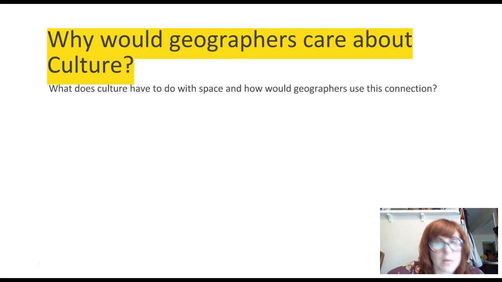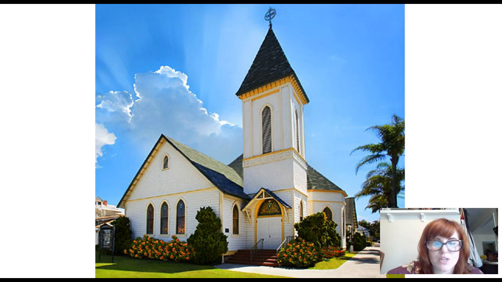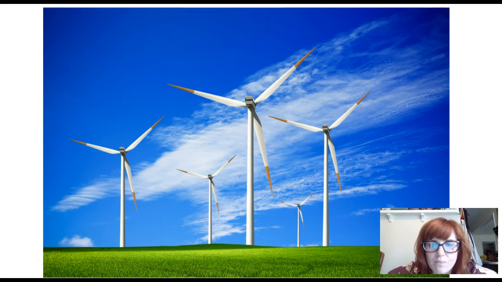Okay, and why do we care about culture as geographers? Because if we know something about the culture, it tells us something about how that culture uses space and how the space or place affects the culture, so vice versa. So here's an example. Christianity is a big part of some people's culture, so the way they alter the landscape is by building a church on it, right?